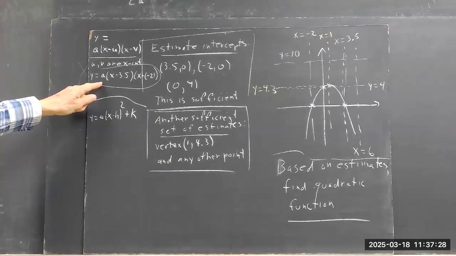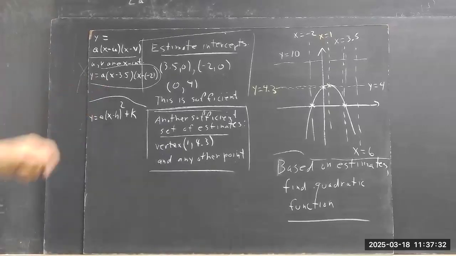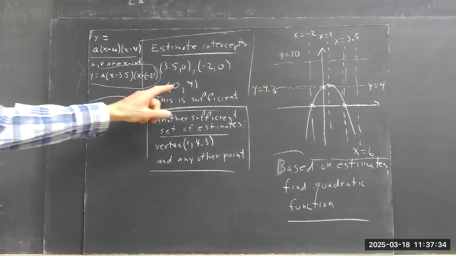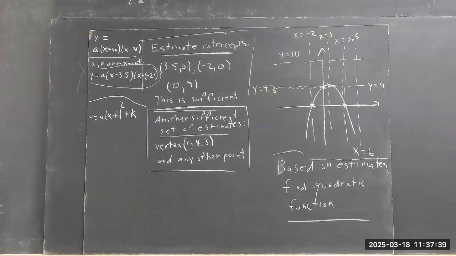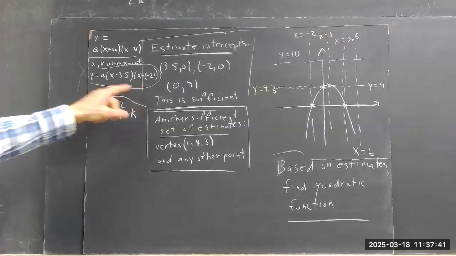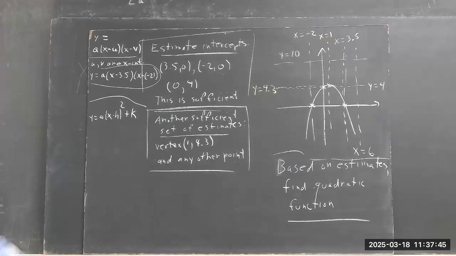Then all we have to do is determine A. And we can easily do that by letting x equal 0, knowing that if x is 0, y is 4. So we plug in 0 for our x's, plug in 4 for our y. The only unknown we have left is A.